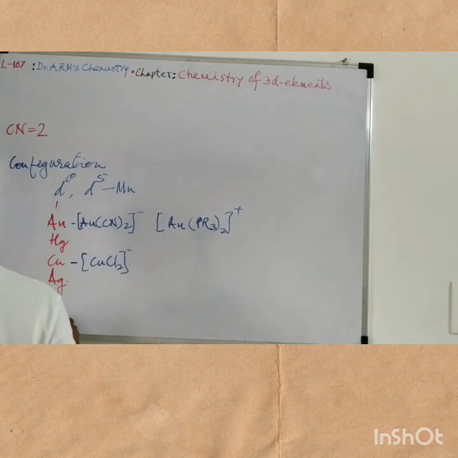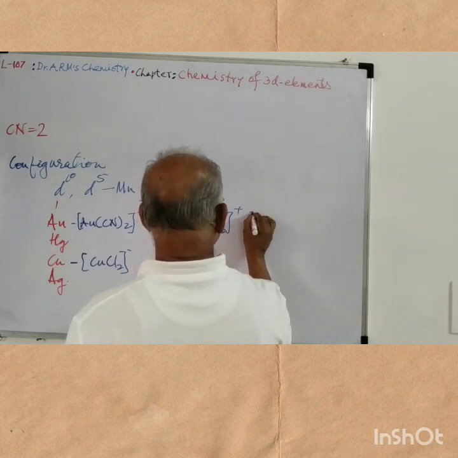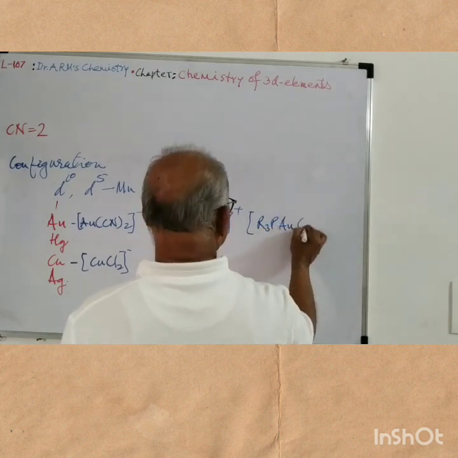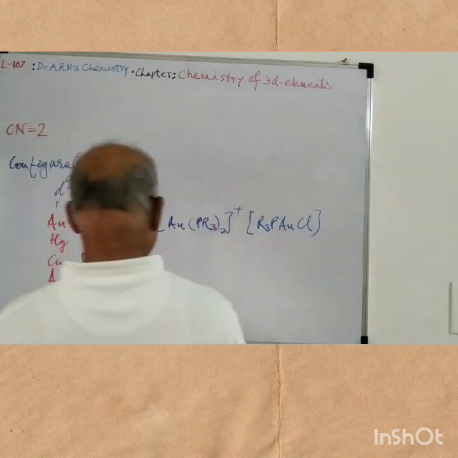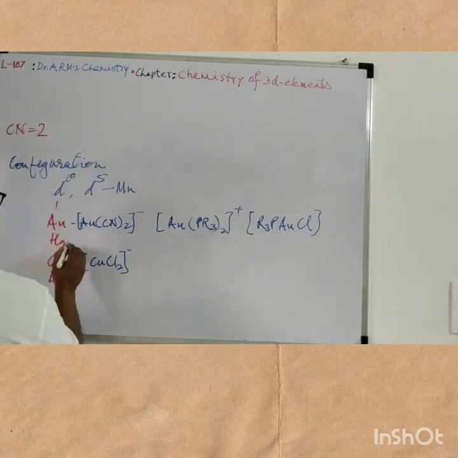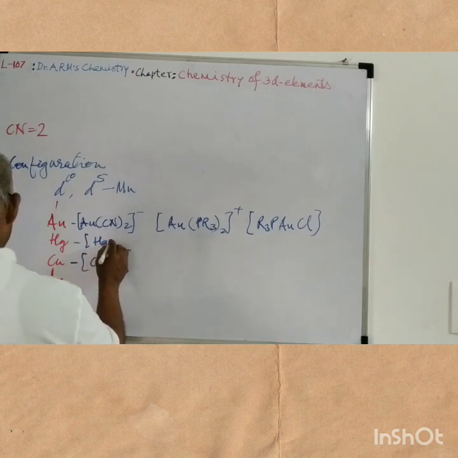Then we can have another example, R3P AuCl. If we take Hg, the example is Hg(CN)2.